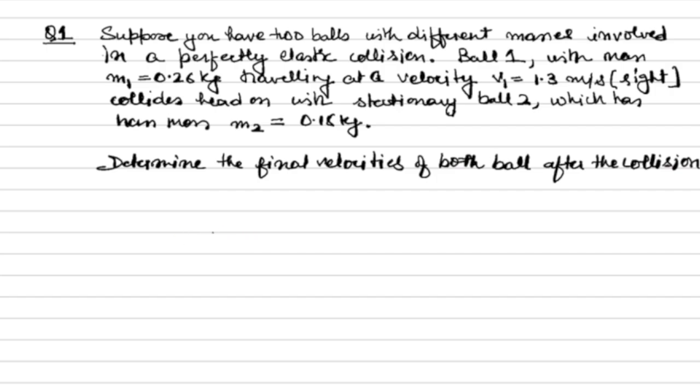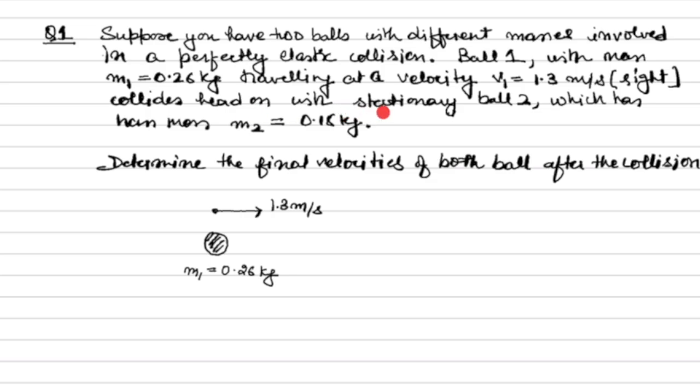I will try to draw a diagram like that. So it is M1, that is 0.26 kg, traveling at a velocity v1 of 1.3 meter per second towards the right. So it is moving like this at 1.3 meter per second towards the right.